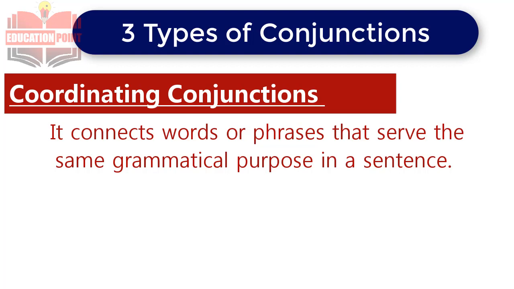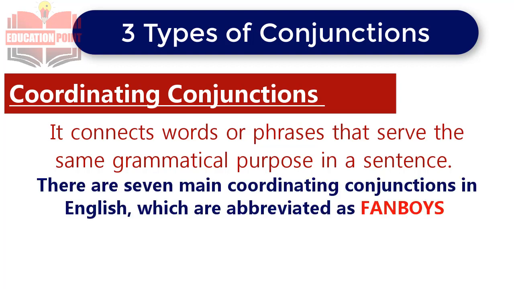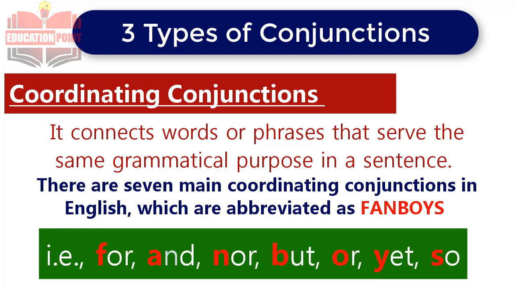To remember these 7 coordinating conjunctions, there is an abbreviation called FANBOYS: F for for, A for and, N for nor, B for but, O for or, Y for yet, and S for so. So these are the 7 coordinating conjunctions.